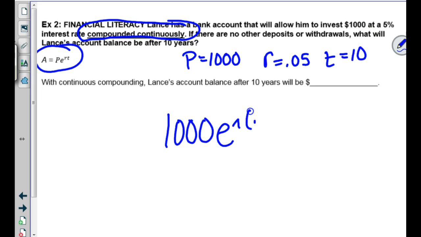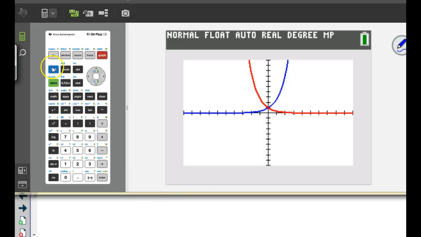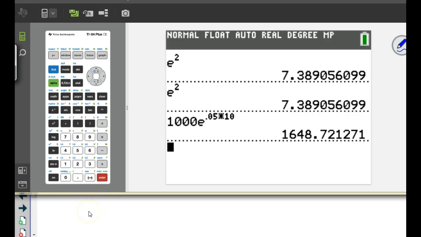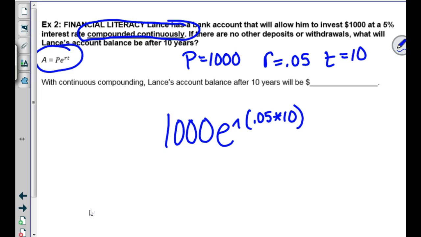So it's to the power of 0.05 times 10, which would be 0.5, yes. So 1,000 e to the 0.05 times 10. 1648, and this is money, so 72 cents? Yes.